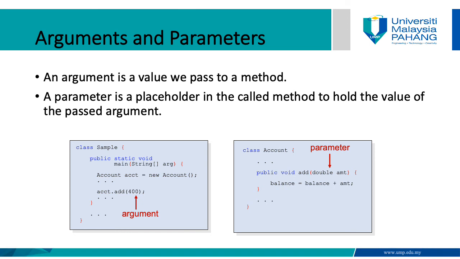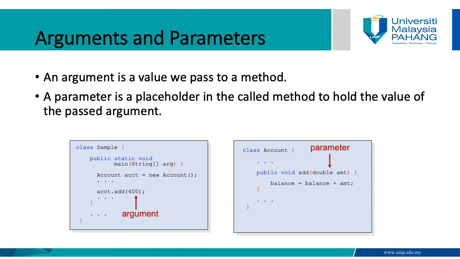Like in this example, this class sample. Here you have Account act equal to new Account. Then act dot add 400. The action here is that we are going to add 400, which is the argument, to the account.